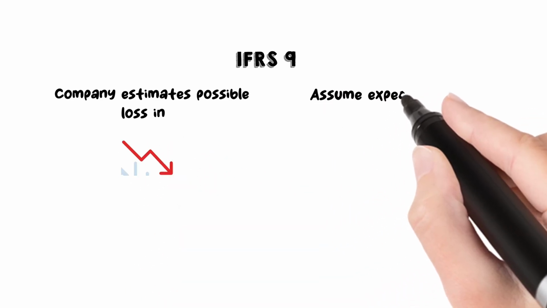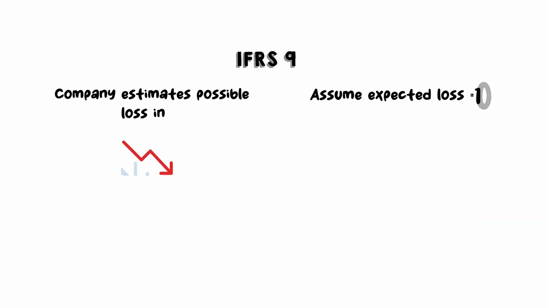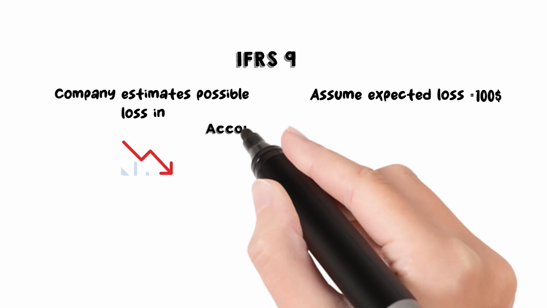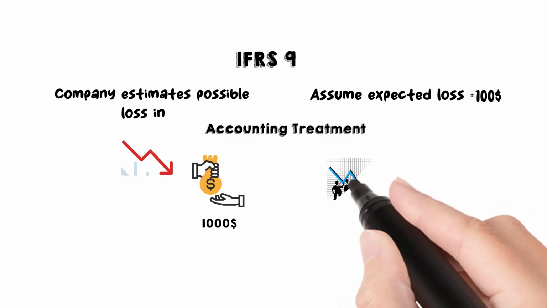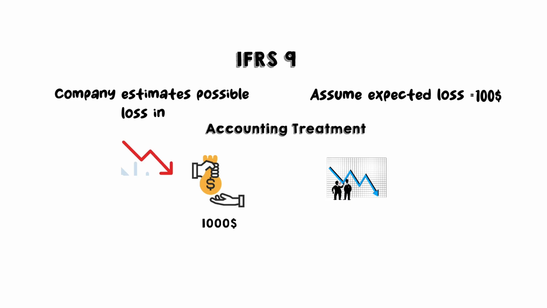Assume expected loss equals $100. Accounting treatment: loan shown equals $1,000, less expected loss equals $100. Net value in books equals $900.